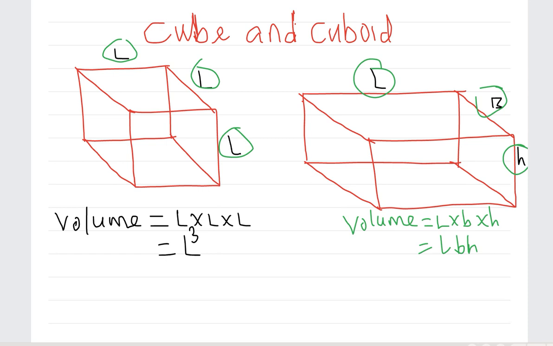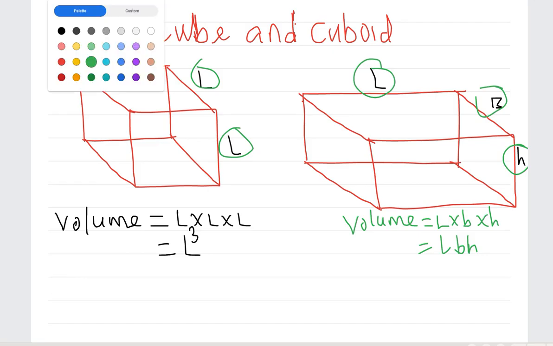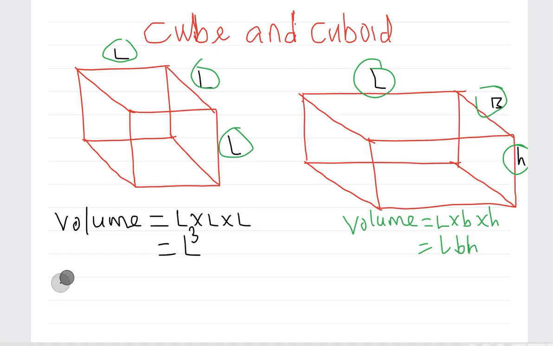So now let's look at the surface area of a cube. The surface area of a cube is length, and we have another length here, another length here, and another length here.